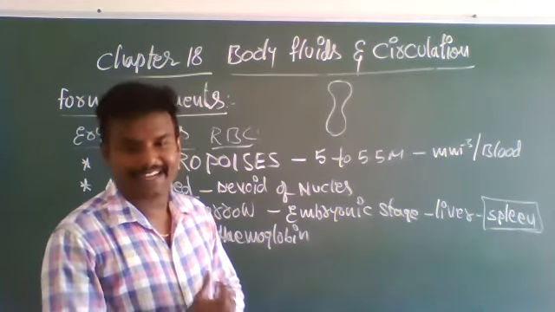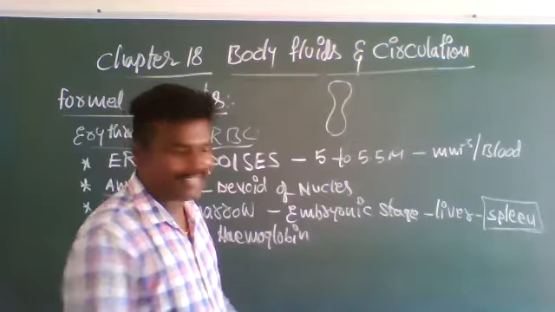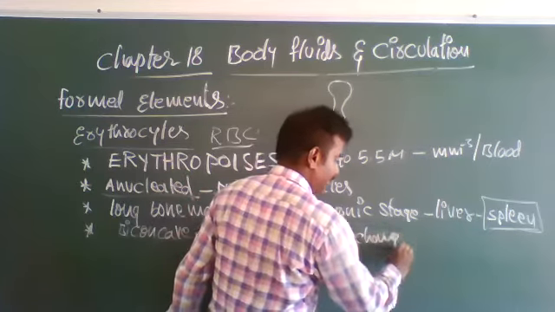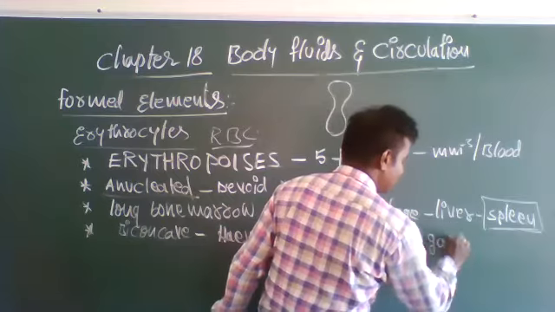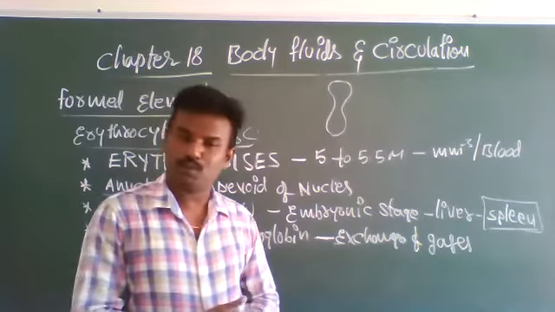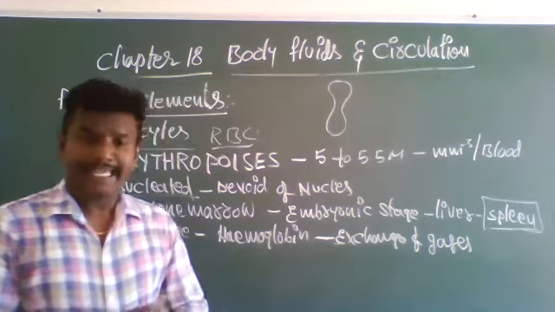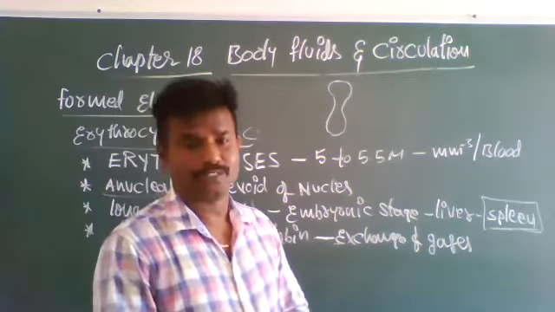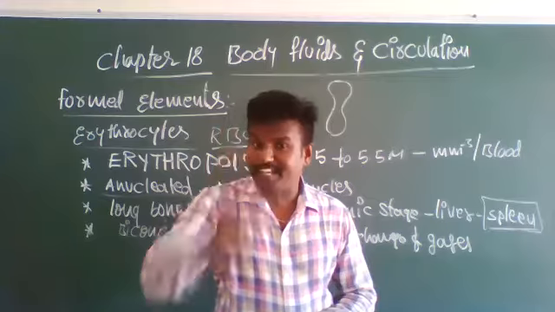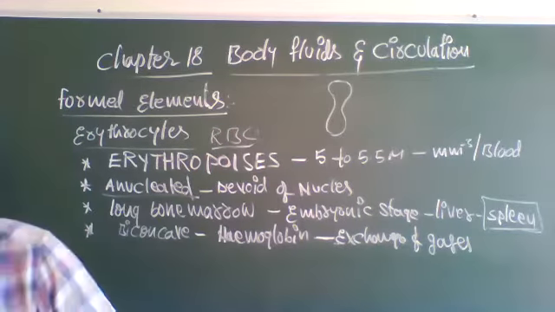That is the red color, and it is also involved in the exchange of gases. The iron oxidation number is plus 2, as I already said. In healthy human beings, 12 to 16 grams of hemoglobin is present in every 100 ml of blood.